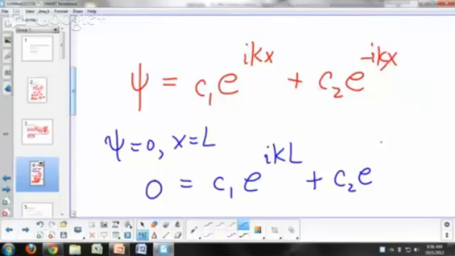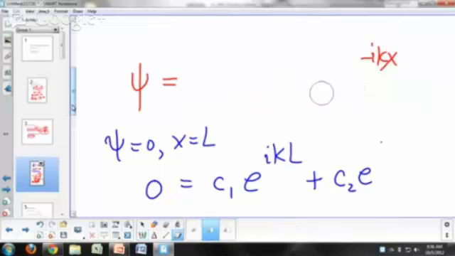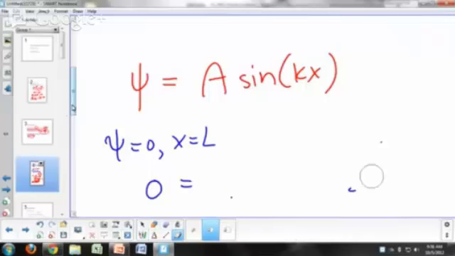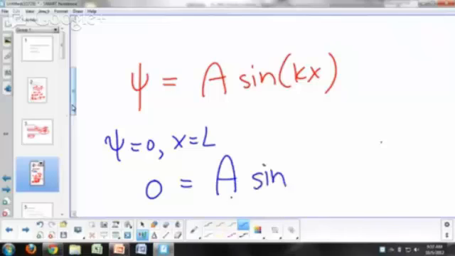We've reduced it now, so we've already simplified it. It's A sine kx, right? So we now say psi is equal to 0 when x is equal to L. So we say psi equals 0 equals A times sine k times L.